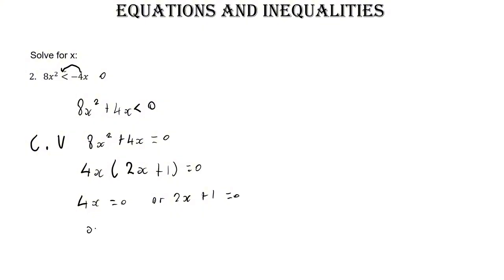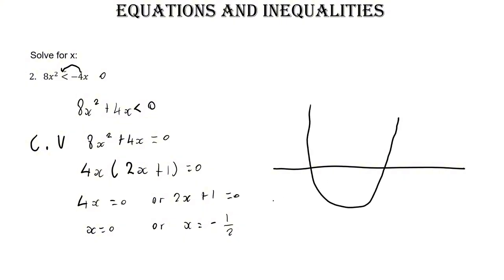When you solve, x is equals to 0, or x is equals to negative a half. Now, you draw your number line, you draw your parabola, then you place the smaller number first and the bigger number last. Then after that, this is where things change.